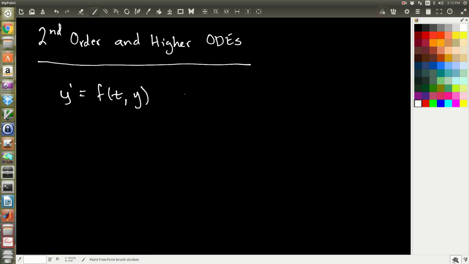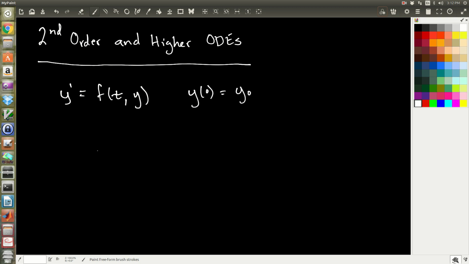We need at least one for an initial value problem, and in fact all first order ODEs could be considered initial value problems because you only need one auxiliary condition. Let's just say y at 0 is equal to y naught.